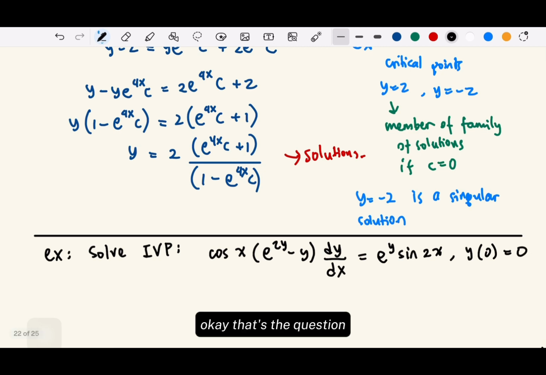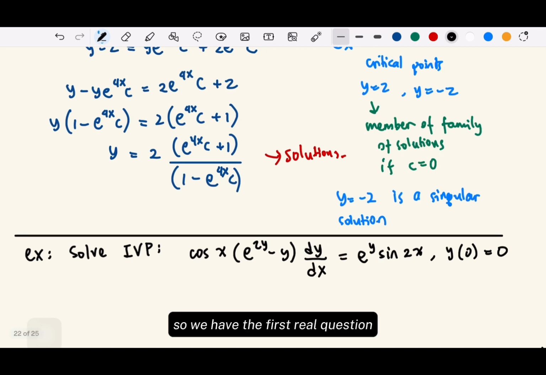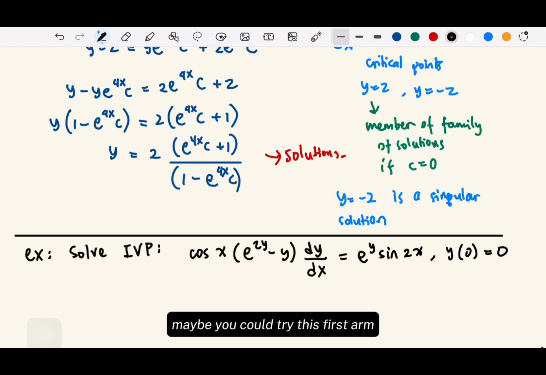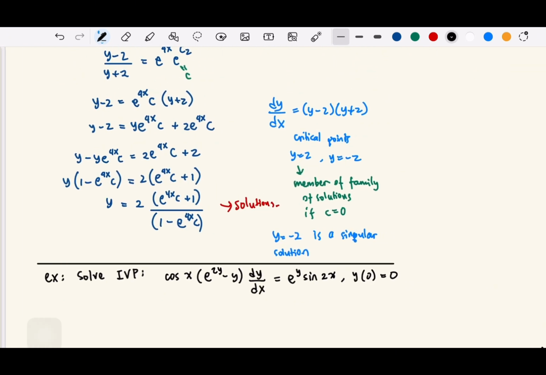Okay, that's the question. So we have a differential equation, and then we have the initial value. Okay, you could try this first, or if you want to take the notes and make it bigger.